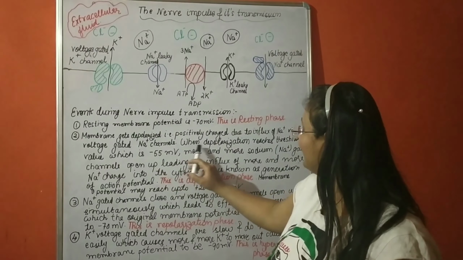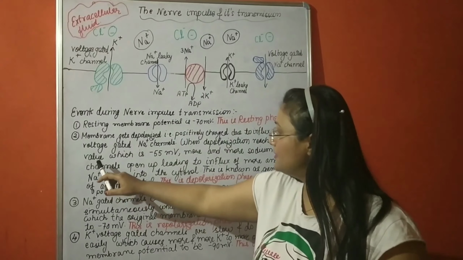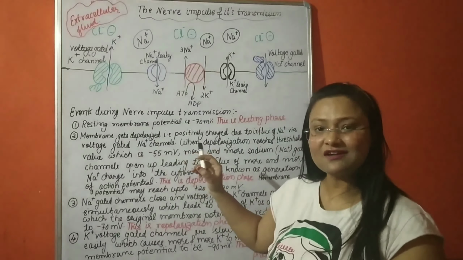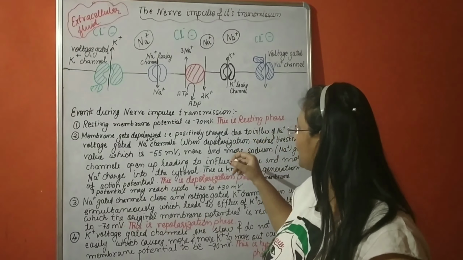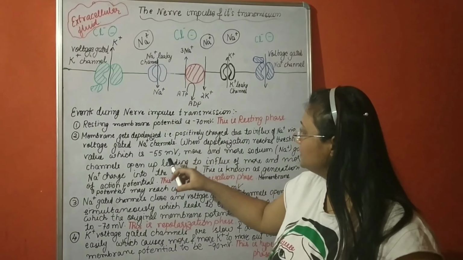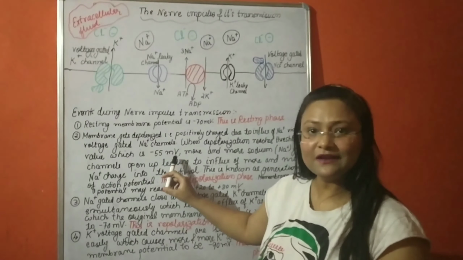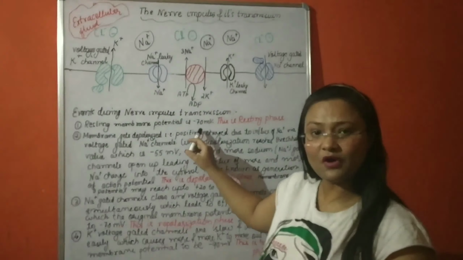When the depolarization reaches the threshold value, which is minus 55 millivolts, because of the influx of positive sodium ions, the membrane potential is minus 55 millivolts.